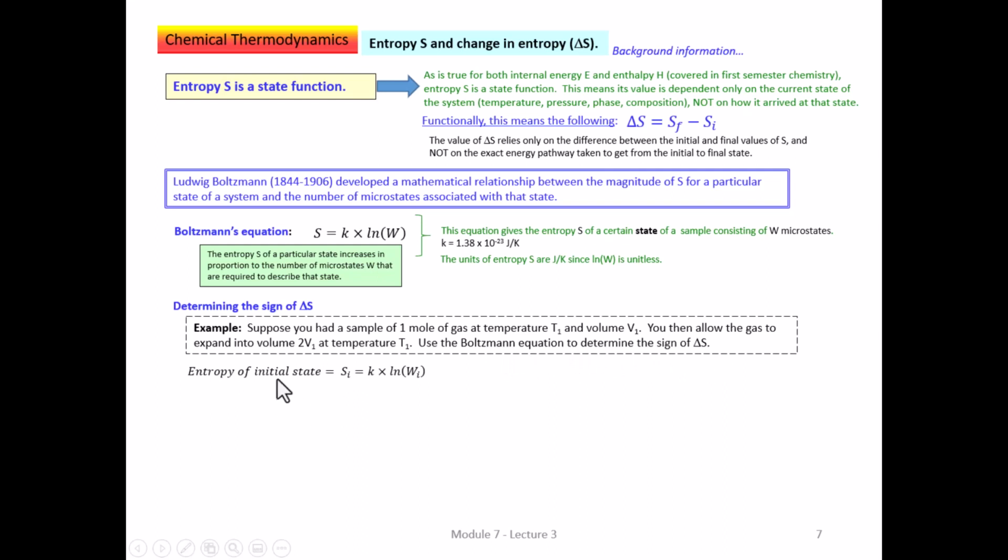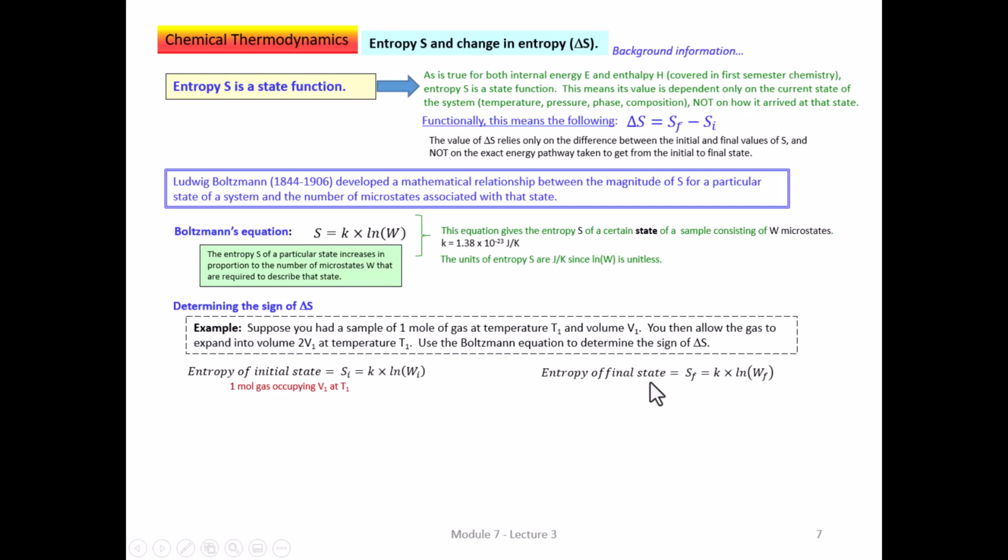So the entropy of the initial state, that would be this 1 mole of gas at this temperature at volume V1, we're going to label S initial, and it would be k times the natural log of the number of microstates needed to describe this initial state. This would be 1 mole of gas occupying V1 at T1.